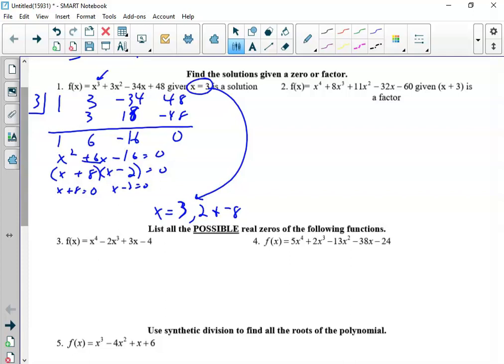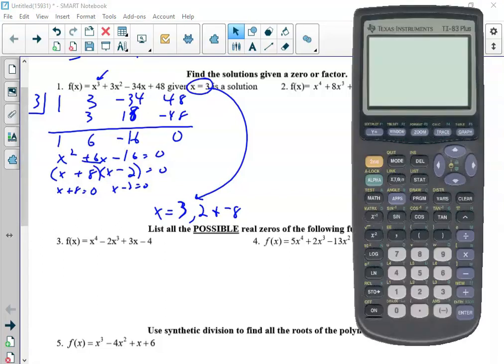And remember, if nothing else, there's nothing stopping you on a quiz from putting this in the graphing calculator. X to the 3rd power plus 3x squared minus 34x plus 48.